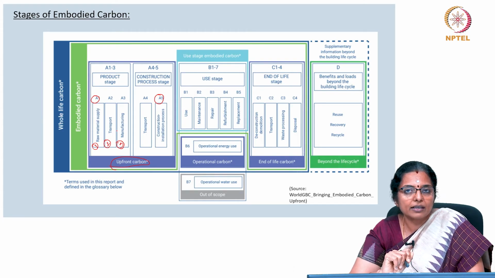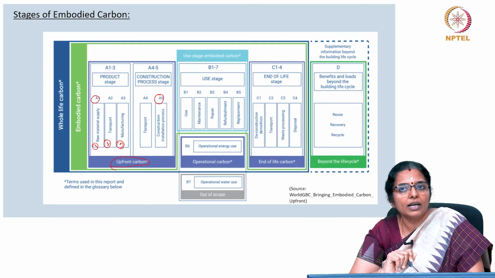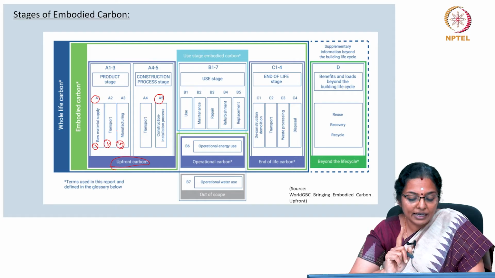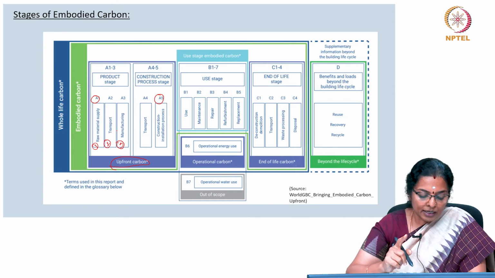So, upfront carbon is the emissions which are caused during the material production and construction phase of a life cycle before the building or infrastructure begins to be used. In contrast to other categories of emissions listed here, these emissions have already been released into the atmosphere before the building is occupied or the infrastructure is in place.